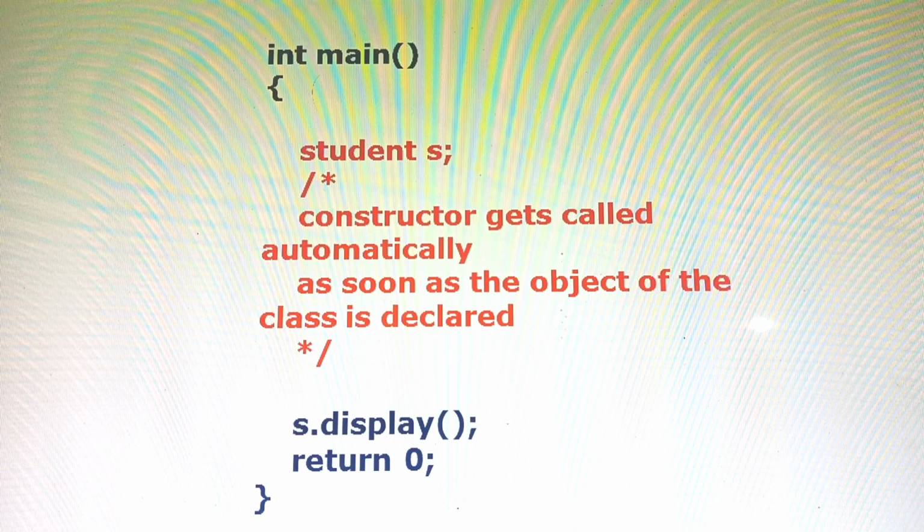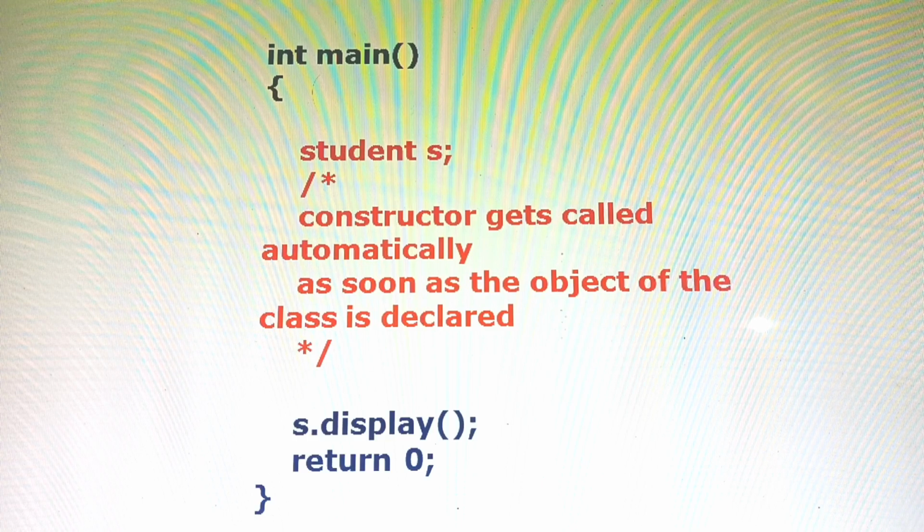We can access the constructor automatically in the main program; no extra statements with the dot operator are required. But for a normal function we require the dot operator with the object and the function name. So, object name s dot display function. Then we can access the details for display. Then return 0, and close the main program.